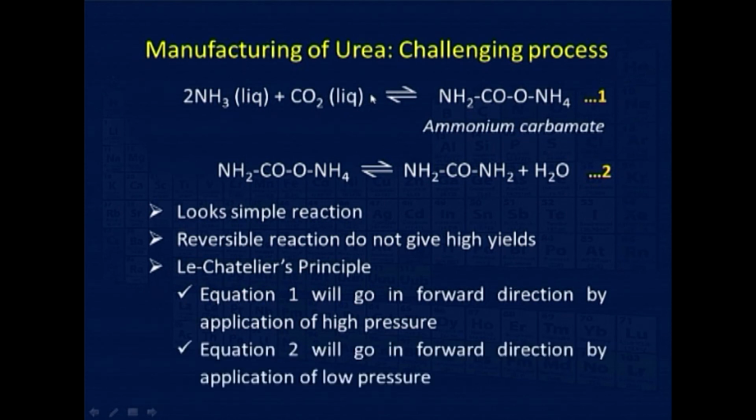In equation 2, you have one reactant, two products. So, for the reaction to go in the forward direction, we have to release the pressure. The first reaction requires high pressure, the second requires low pressure. That makes manufacturing of urea a challenging method, and therefore, it is a costly fertilizer.